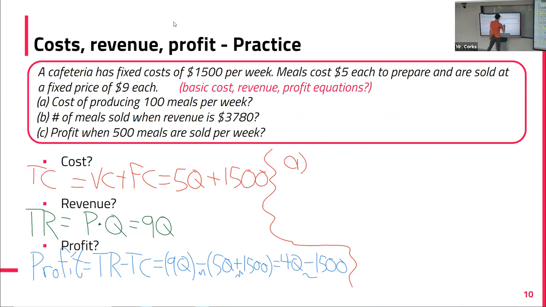So we just have our total cost. 5 times Q is 100, so 100. So 2,000. Okay, so there's total cost for 100 meals per week.